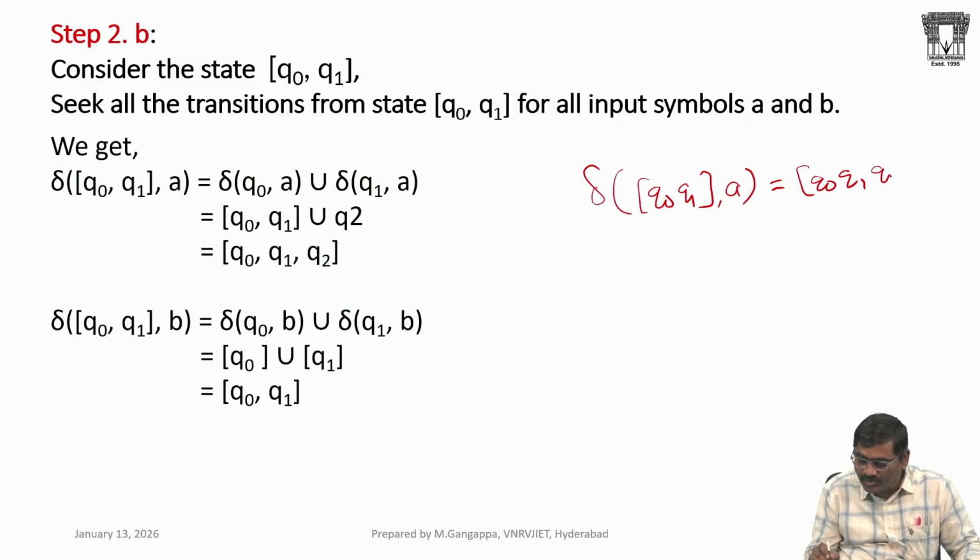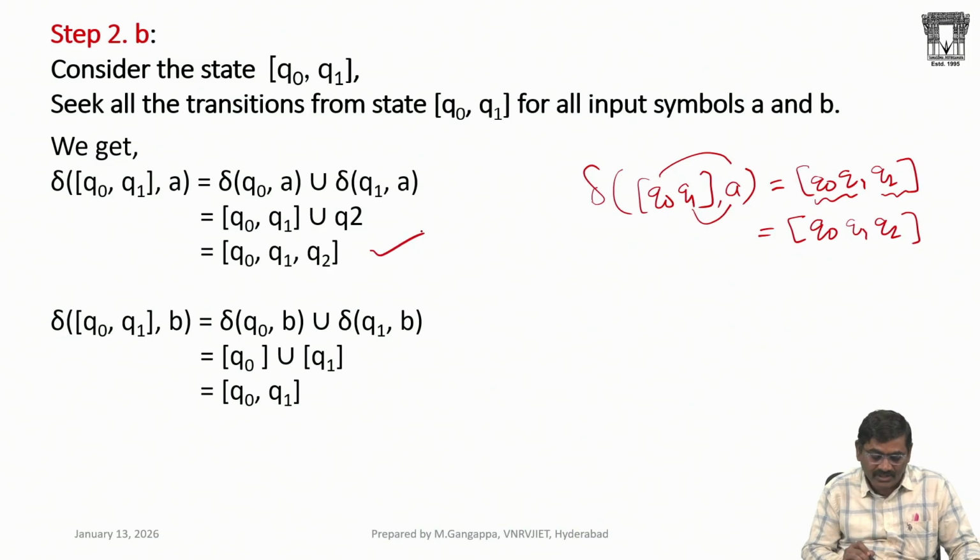Therefore, Q0 Q1 Q2. Q0 on input A goes to Q0 Q1, and Q1 on input A goes to Q2. Therefore, the next state generated by this transition is Q0 Q1 Q2. This is how we can get it.